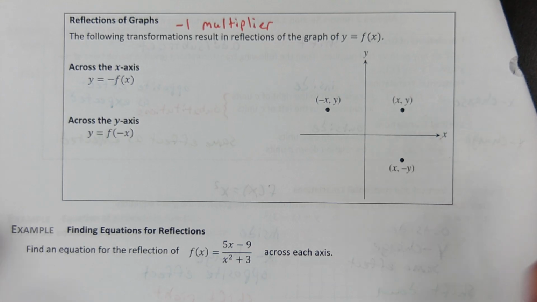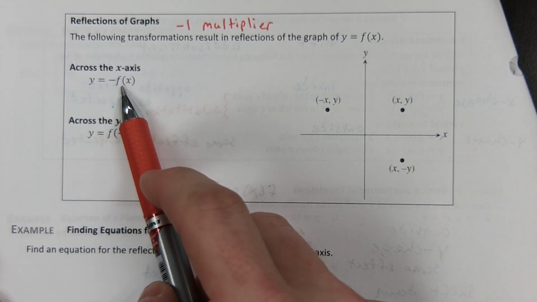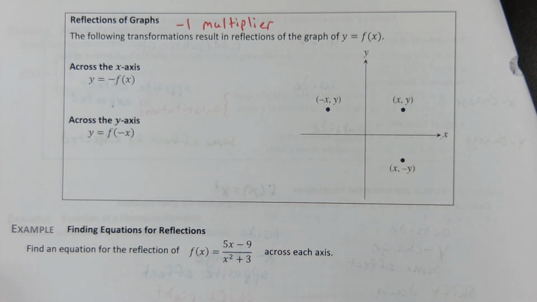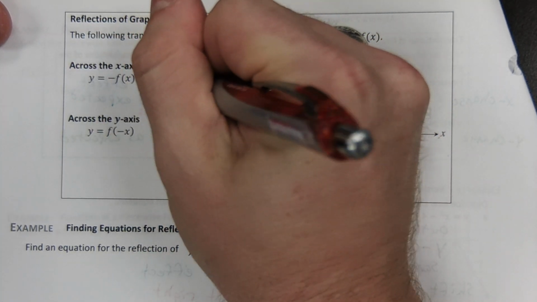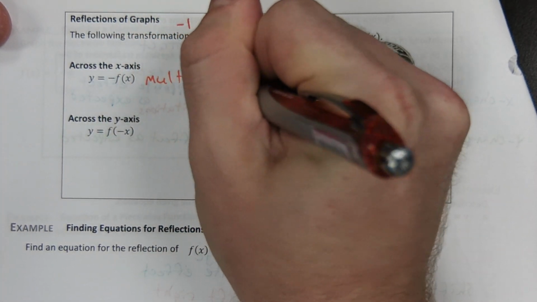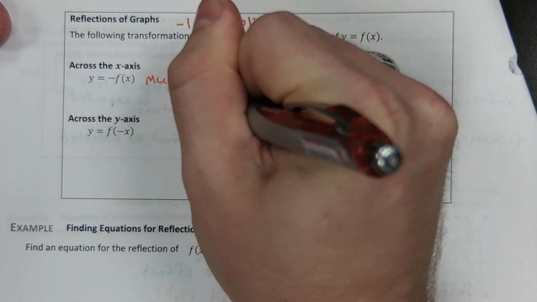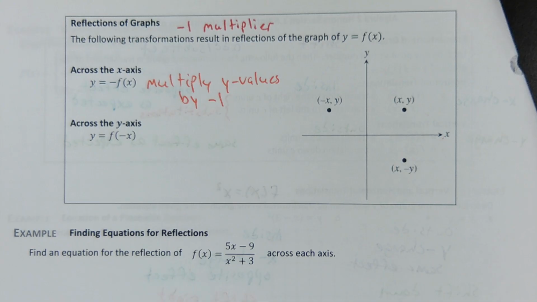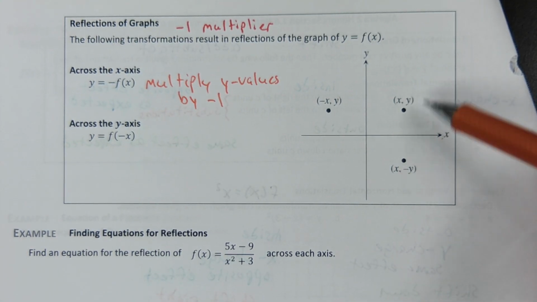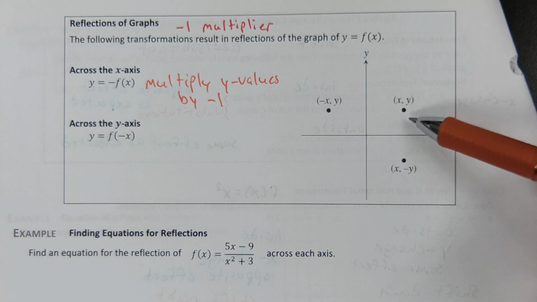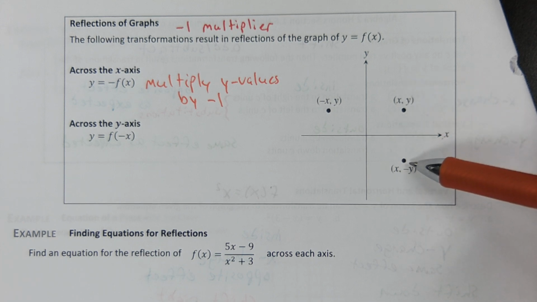How does it change the y's? Well, f of x means y values. It literally takes your y values and multiplies them by -1. Which is what I have in this image. This dot, if it was positive x, positive y, and you multiplied your y values by -1, you'd end up down here at -y.